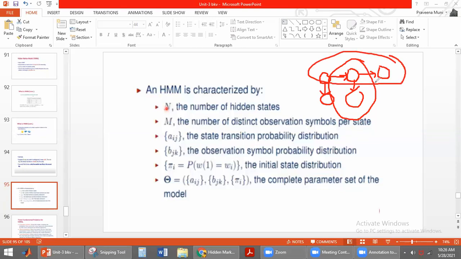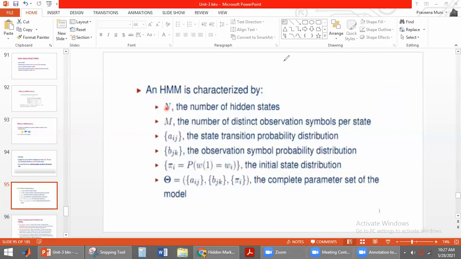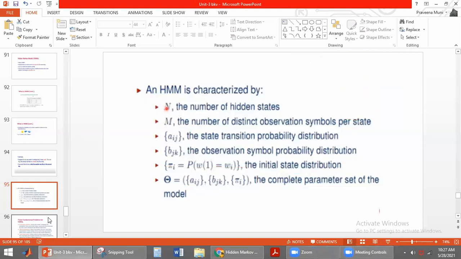The transition model is denoted with Aij, the observation symbols with Bjk, and we also consider the initial state distribution, given as pi i. All three combined give you the complete parameter set of the model. Like this, the hidden Markov model is characterized.